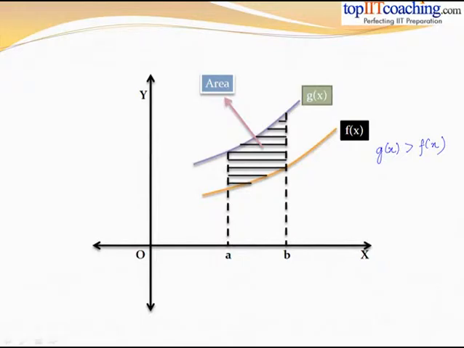This portion represents the area between the curves and the lines x equal to a and x equal to b. So this area is given by A equal to modulus of integral of g(x) minus f(x) dx from b to a.